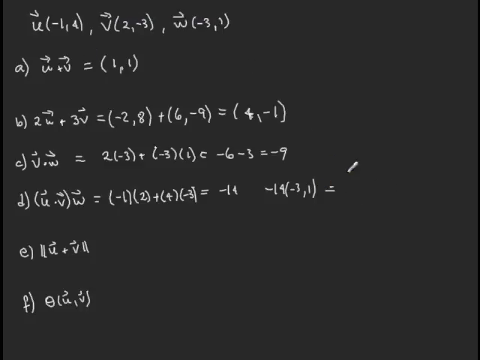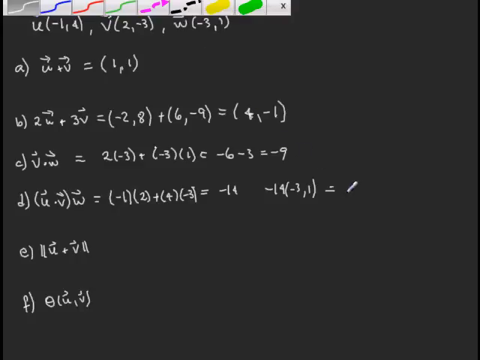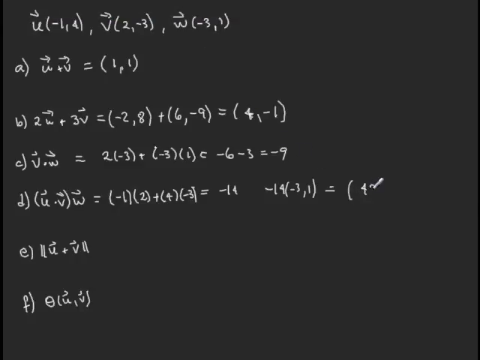Let's clean that up a little bit. So 42 and minus 14. And then in part E, you're asked to find the magnitude of u plus v. So these magnitude signs are kind of like brackets. So you first have to do what's inside before you can actually do the magnitude.